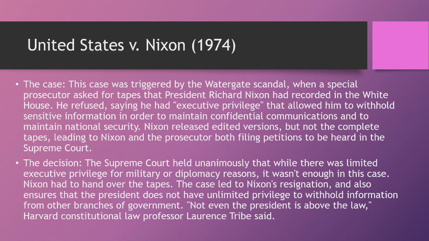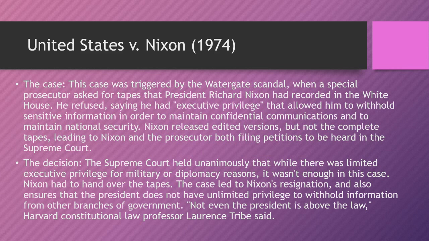Essentially, if you're not sure, the Watergate scandal was where President Nixon had recorded many conversations in the White House, and the case for impeachment asked for the tapes to be used in evidence in his trial in the Senate. And Nixon refused, saying that he had executive privilege that allowed him to withhold sensitive information in order to maintain confidential communications and national security.